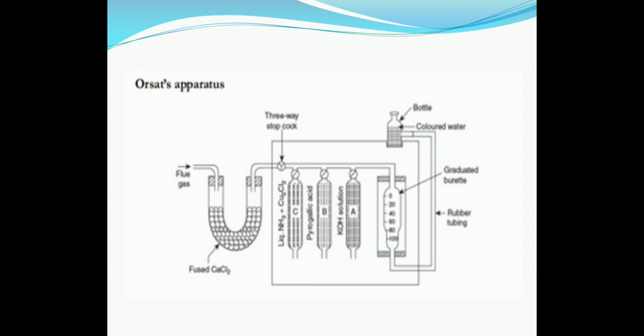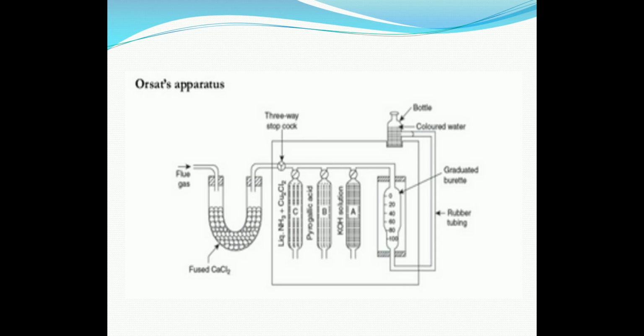Let me explain the construction of Orsat apparatus. It consists of a graduated gas burette which has markings on the surface to measure the volume of gas. It is surrounded by a water jacket to maintain constant temperature while the experiment is going on. The lower end of the gas burette is fitted with a long rubber tubing connected to a water reservoir. This water reservoir can be moved up and down.